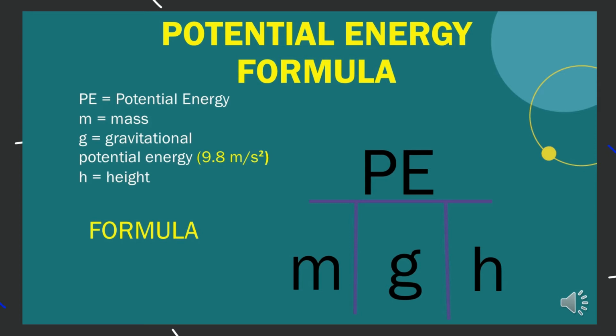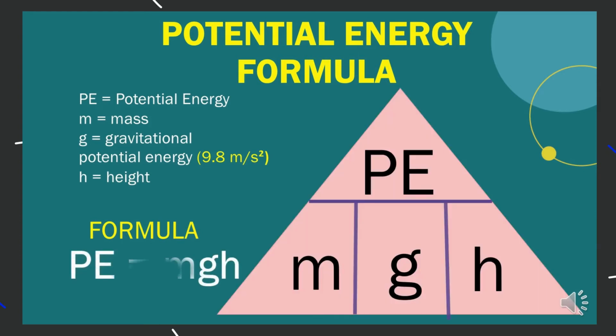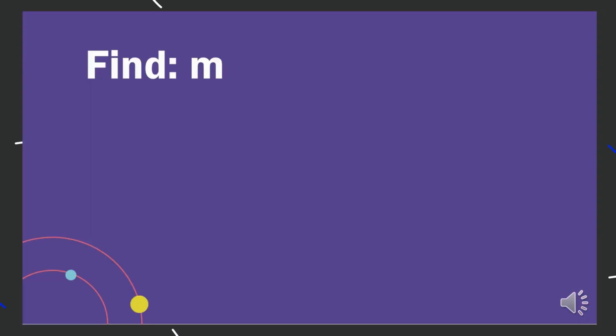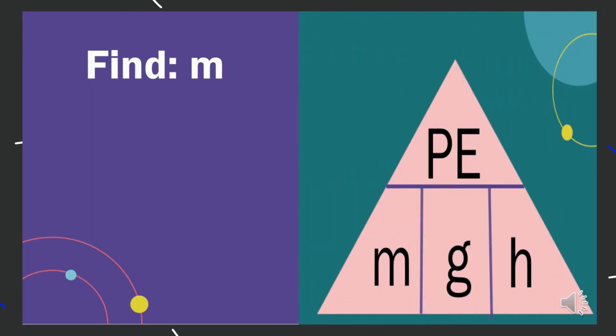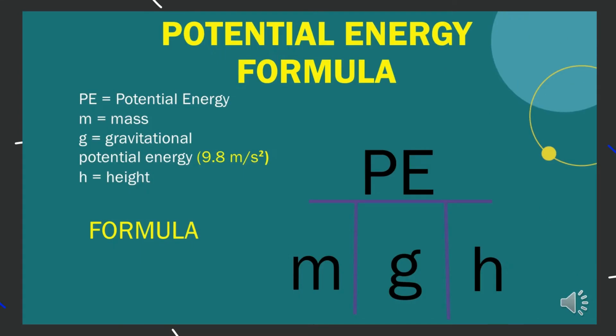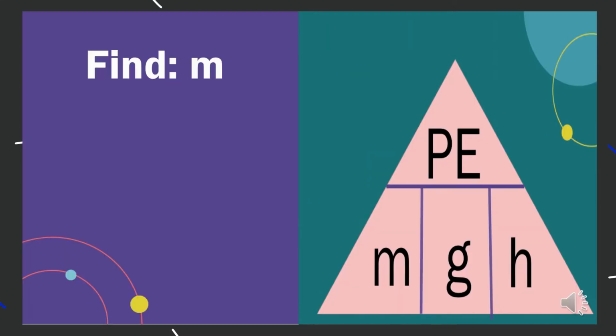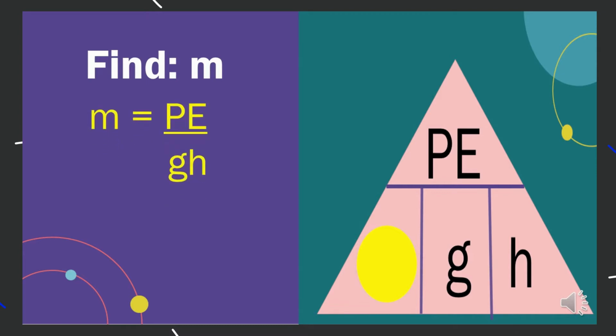To derive the formula for potential energy, we are going to use our magic triangle. Let's see what will happen. This is the formula in finding the mass.